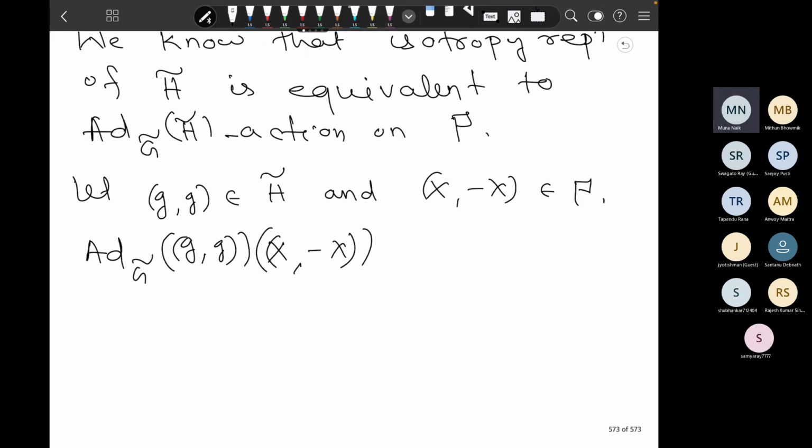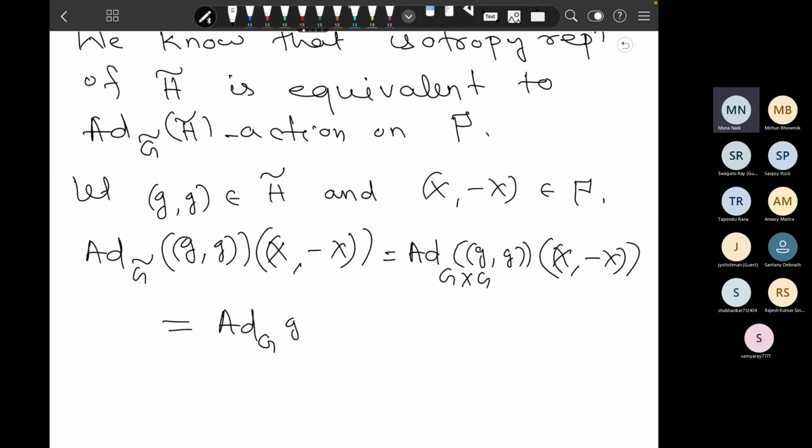So this is the same thing as R G cross G of g, g on this x, minus x. So this is really the same thing as R G g x, and minus of R G g.